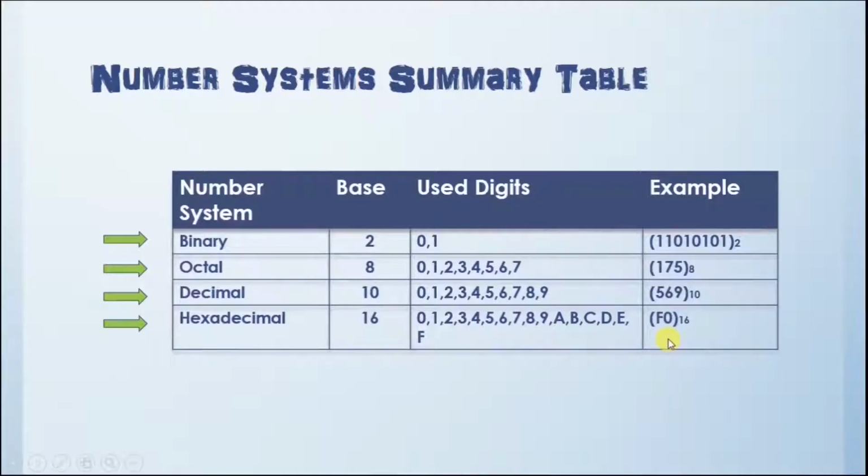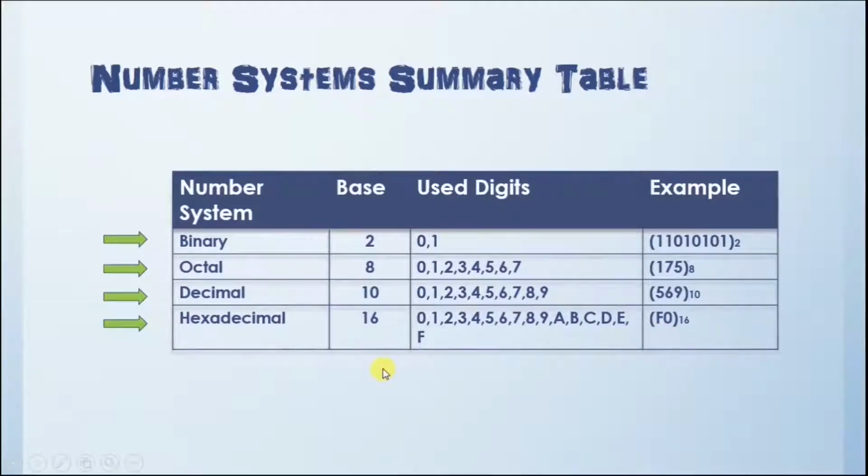And as you can see this number F0 is represented using digits and each digit lies between 0 till 15. So what is F here? F is 15, just like we stated before. We cannot use digits that are greater than 15 here, as the number does not remain hexadecimal anymore.